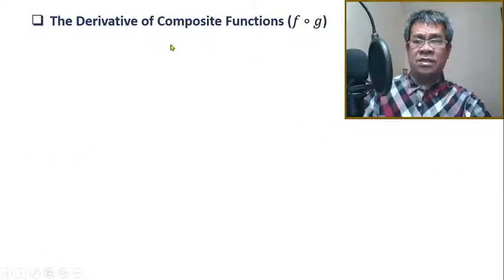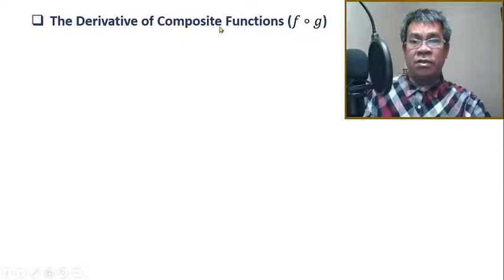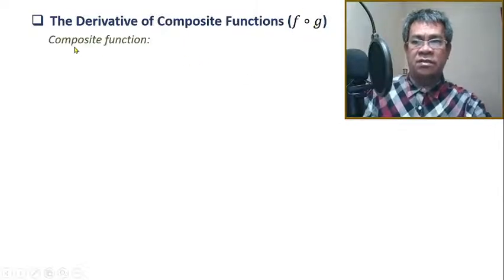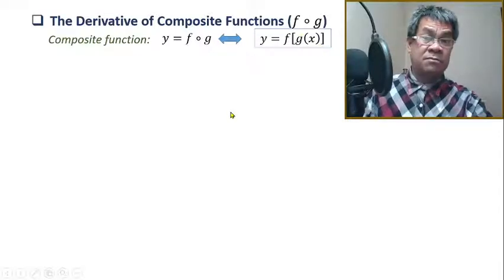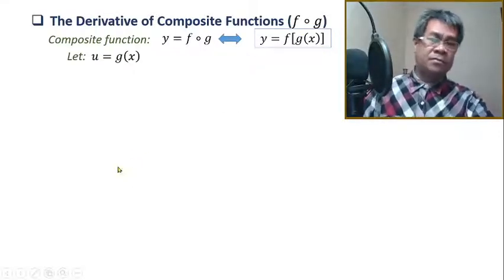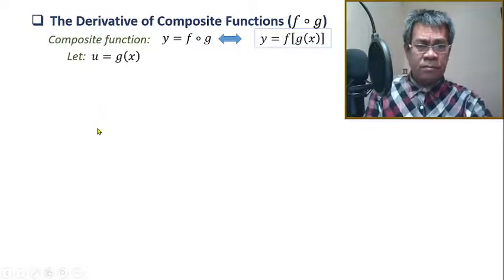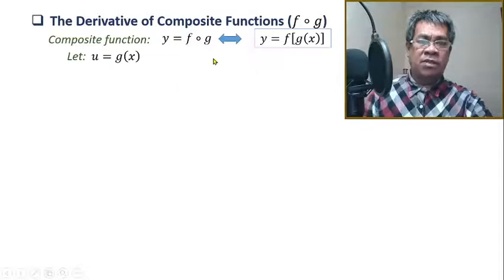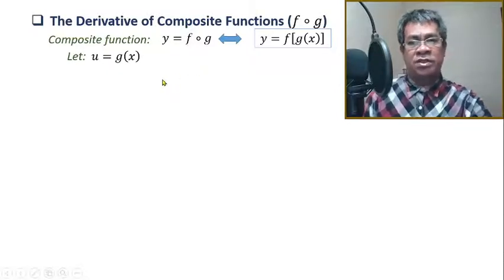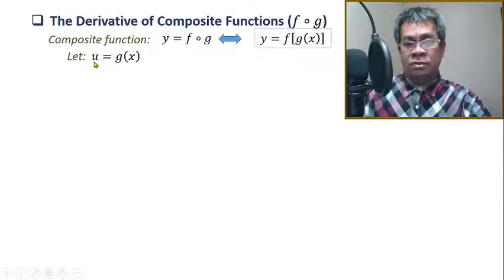So let us formalize the derivative of the composite function, f composite g. For the composite y equals f composite g, take note, this is y as a function of a function, g of x. Now, all you need to do is break the composite into its parts, which means we make it simple by using a dummy variable, u. We let u be equal to g(x).